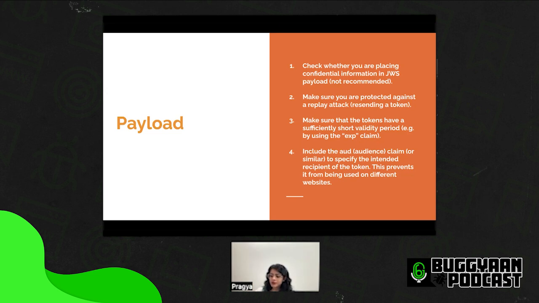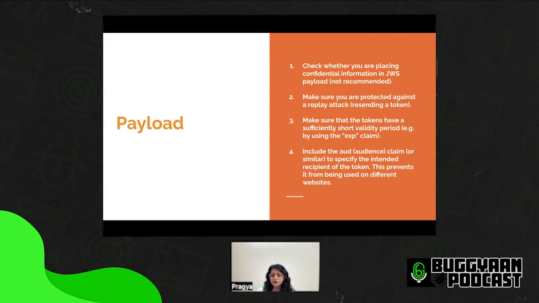So the AUD claim can help in preventing such attacks. AUD means specifying that this particular JWT is for this particular application only, like who is the audience or intended recipient of that token. So you can include an AUD claim to make sure that substitution kind of attacks don't happen.